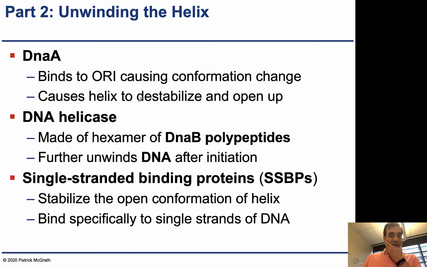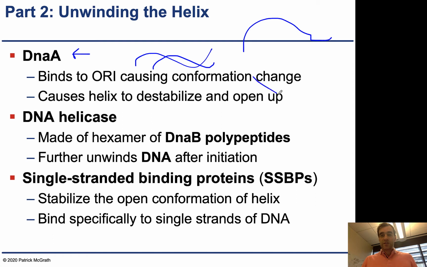The first one is DnaA. This DnaA factor initially binds to the origin, causing conformational changes, and it causes the helix to destabilize and open up. This is the first time where you have double-stranded DNA that can be separated into single-stranded DNA.